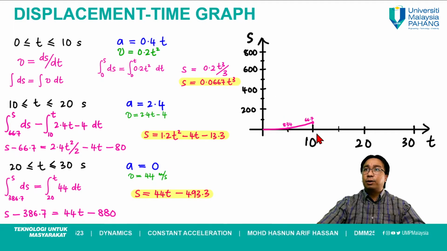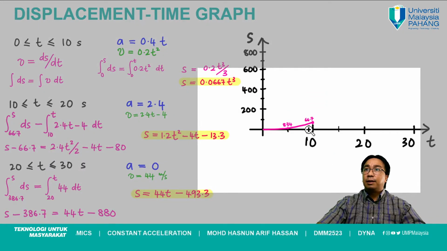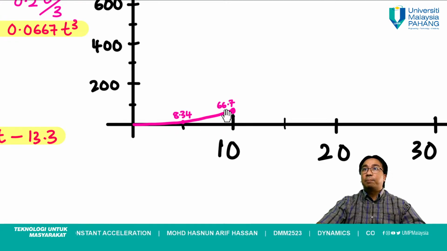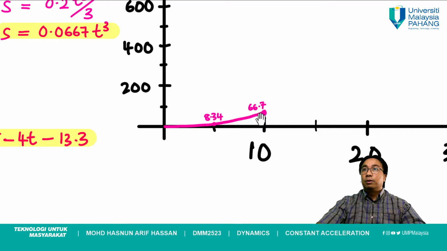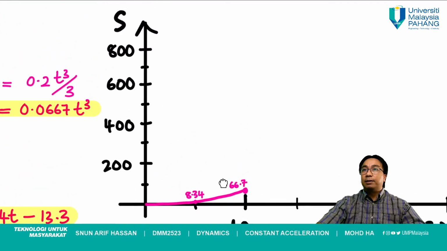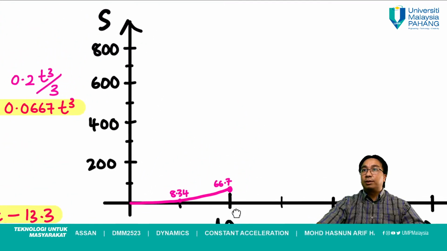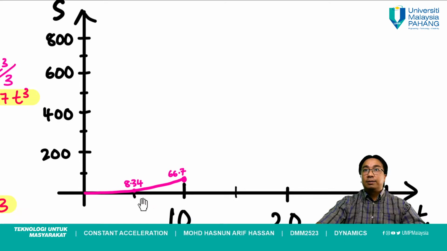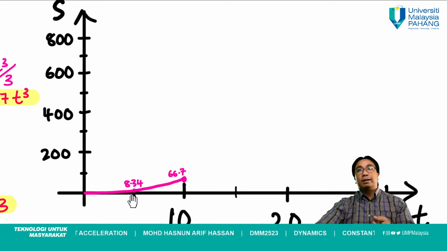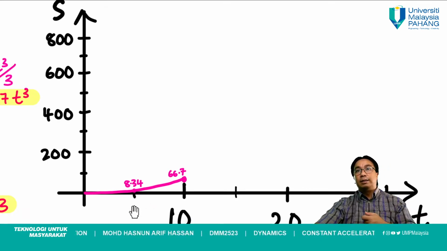So sekarang ni you akan dapat, let me zoom in here, you akan dapat 66.7 pada time t equals to 10, the displacement S ialah 66.7. So saya cuba juga calculate what is the value when t equals to 5.